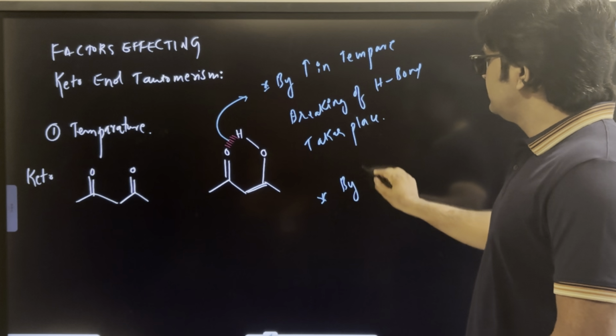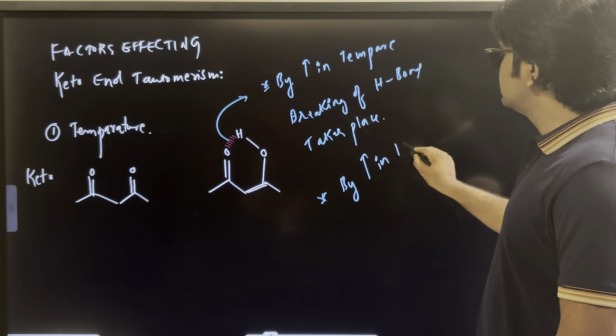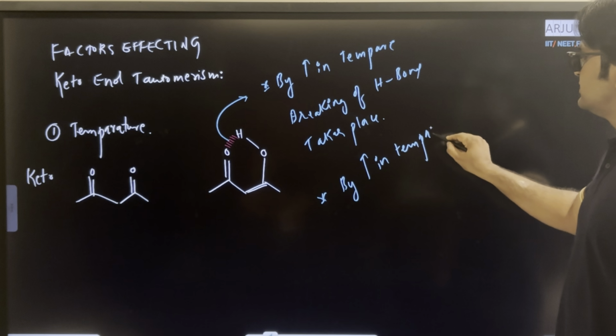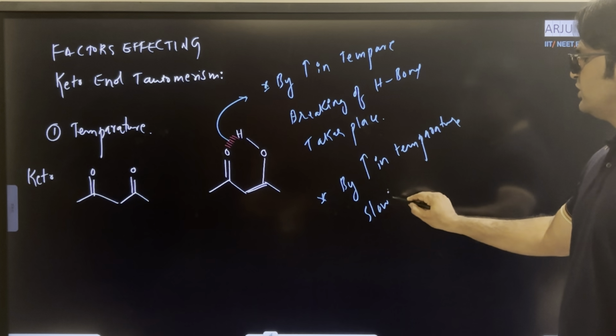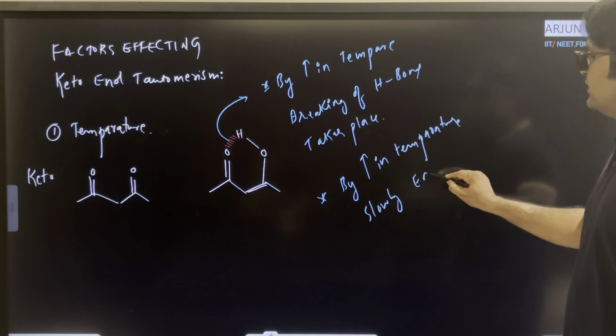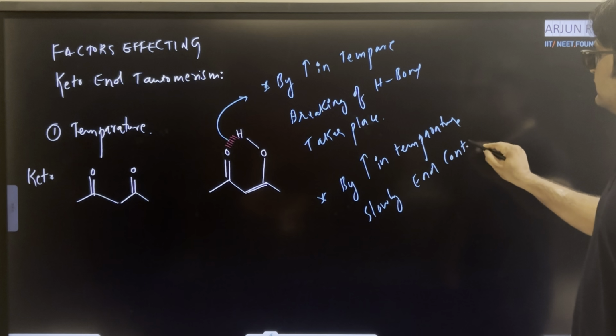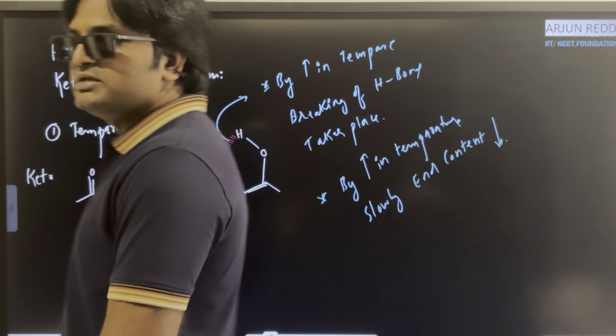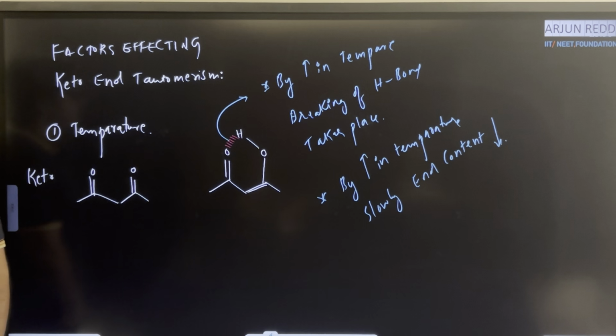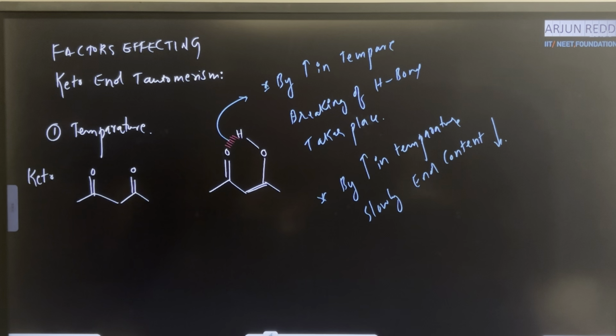By increase in temperature, slowly enol content decreases. Just remember that point. Enol content decreases. That is the effect of temperature on keto-enol tautomerism.